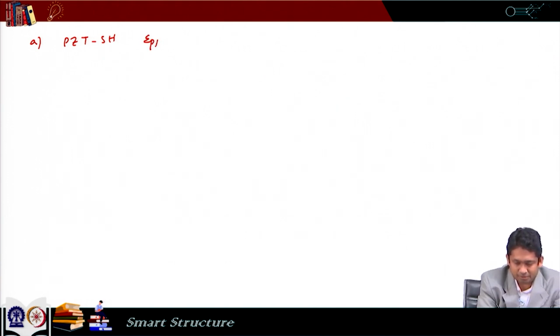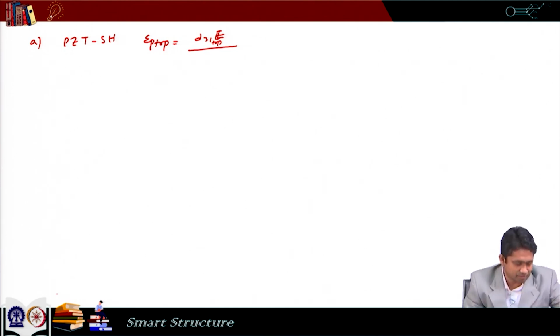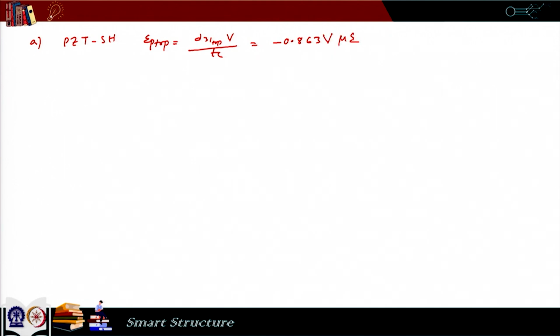So, the free strain epsilon P top is equal to D31 as we know E, so it is D31 top E. So, if you write it in terms of voltage, we have to replace E by V by Tc, and if we apply the properties, the value comes to be minus 0.863 V. So, for any voltage in volt, this is this, and the strain is in micro strain.